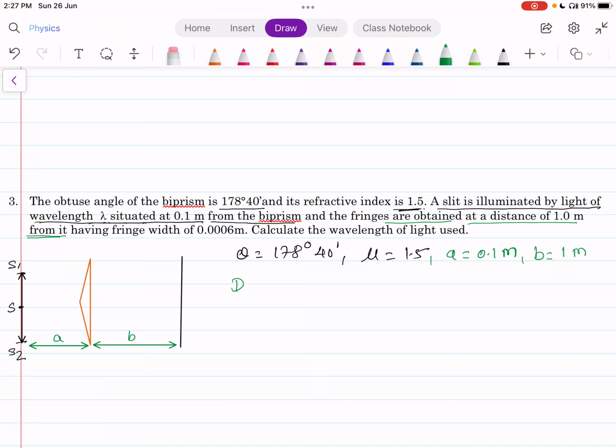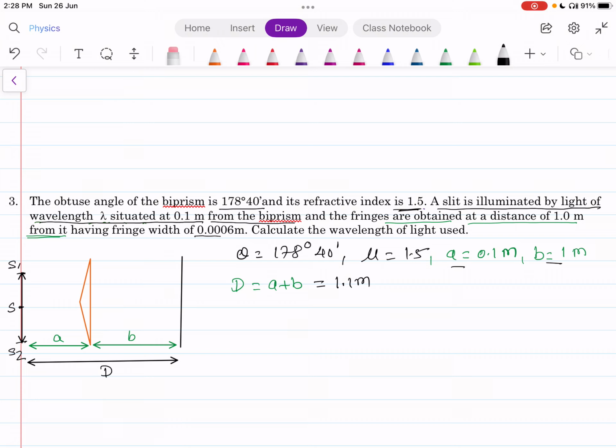And our capital D is nothing but a plus b, which is the distance between the source and the screen. So capital D is 1.1 meter.